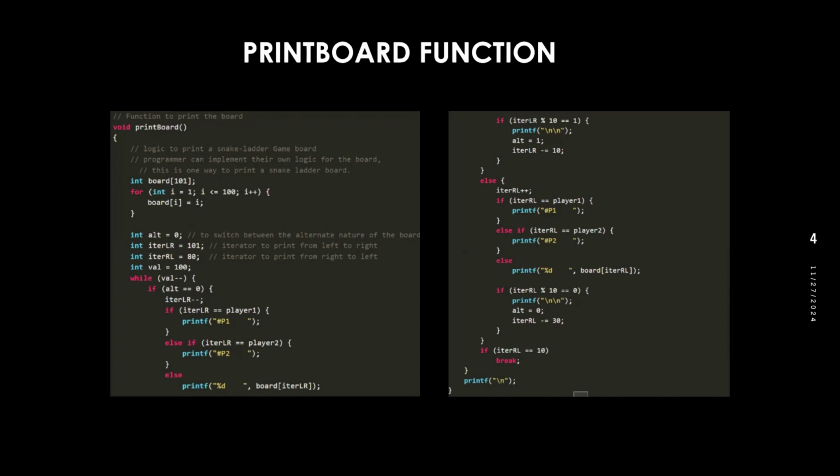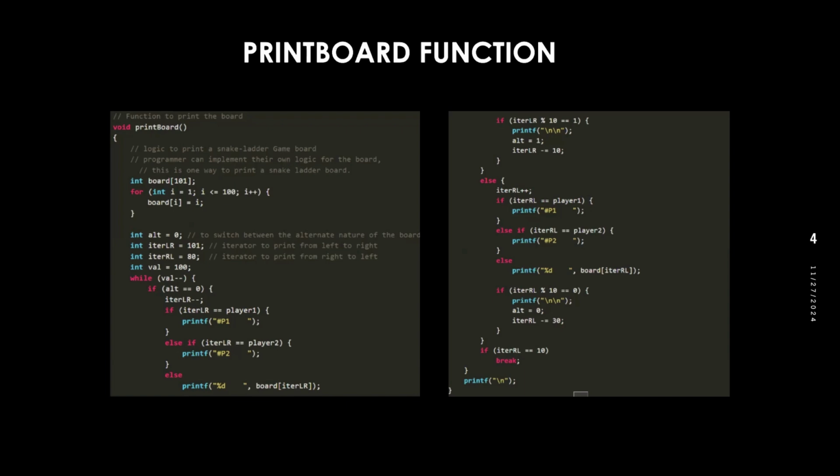Then we have a variable named alt, which is a flag to print left to right when alt equals 0, and right to left when alt equals 1. We also have the variables iter LR, which is iteration left to right, and iter RL, which is iteration right to left. These iterators are for traversing the board, and the alternation is done to mimic the zigzag numbering of a traditional snake and ladder board.